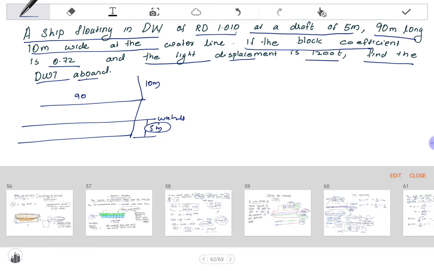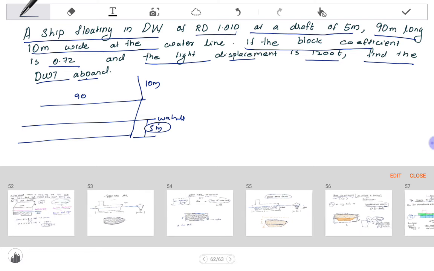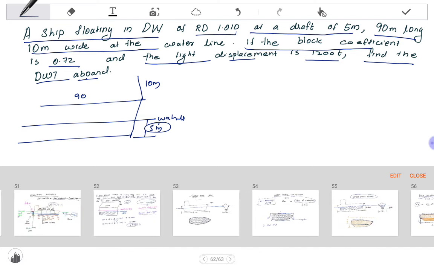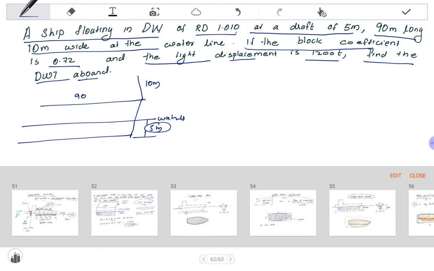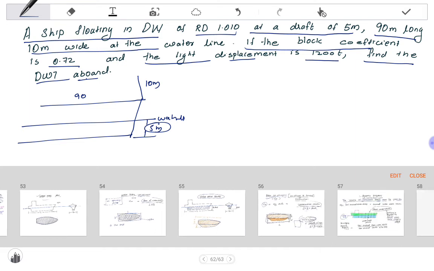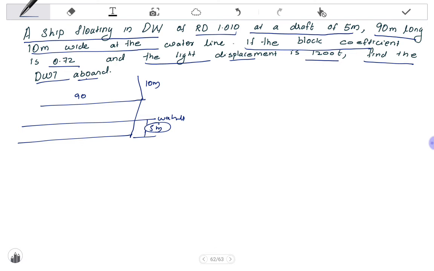From the previous slides we know how to find it: we need to subtract the light displacement from the present displacement.